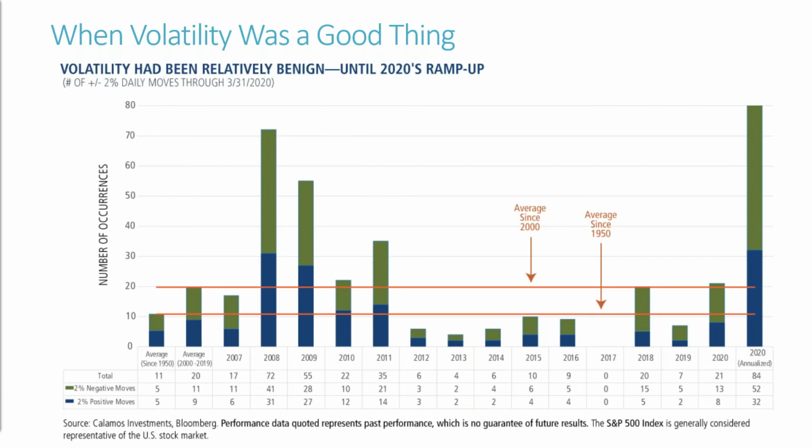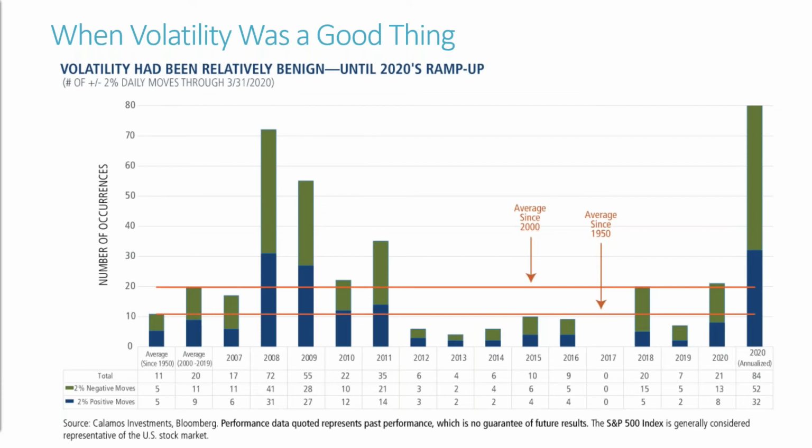And then, looking at volatility in history, this is a busy chart, but the thing I found most fascinating about it is what it shows. This chart goes back to 2007.